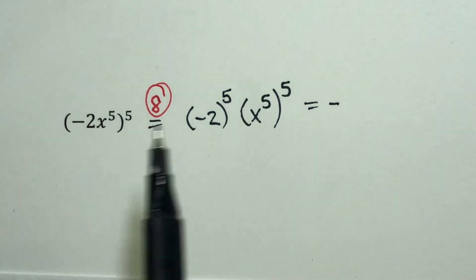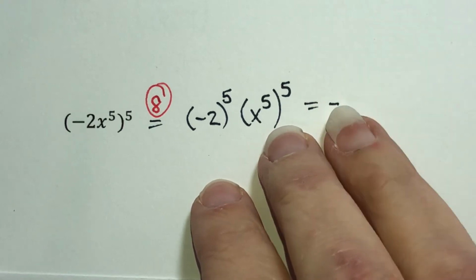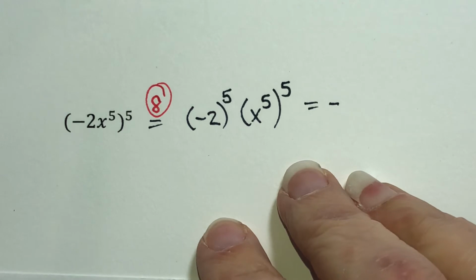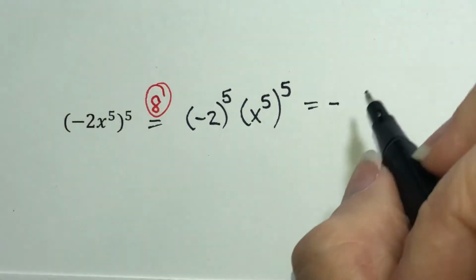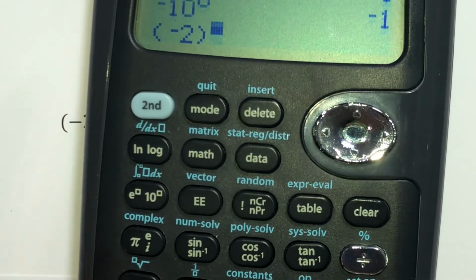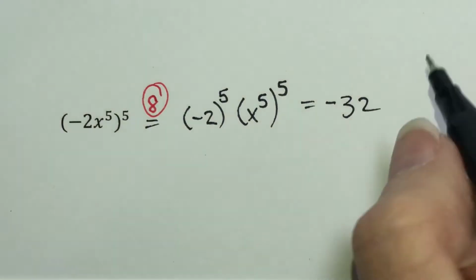Then you do 2 to the 5th. 2 times 2 is 4, times 2 is 8, times 2 is 16, times 2 is 32. So I have negative 32. Of course, you could use your calculator. Make sure to keep those parentheses because they often matter. And you get negative 32.